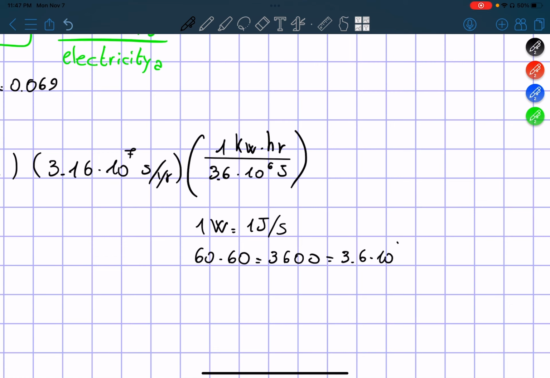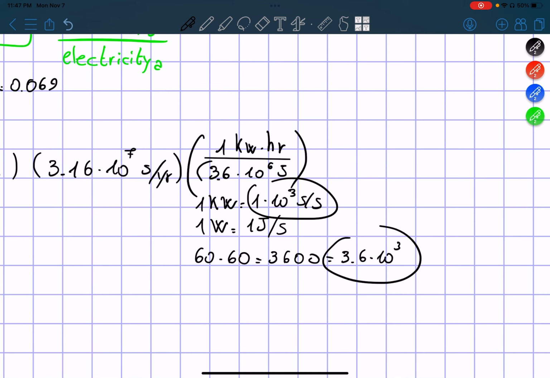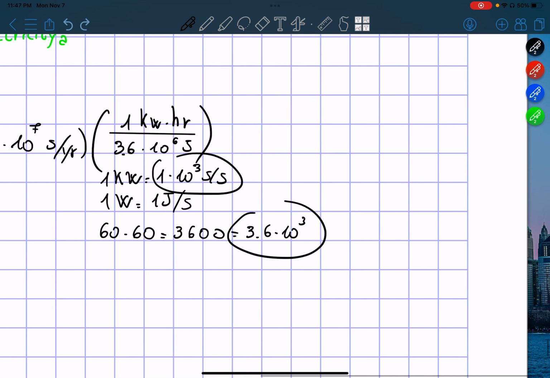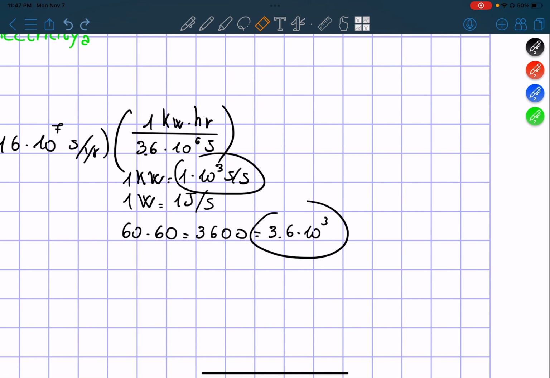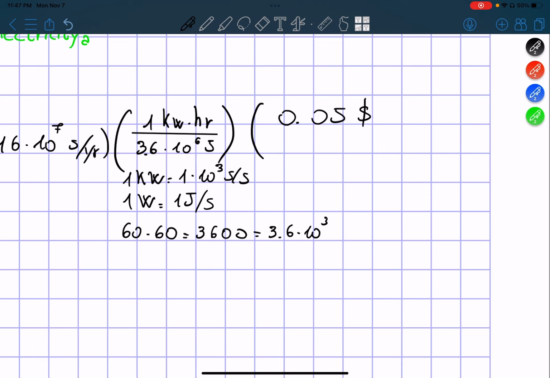So we have 3.6 times 10^3 over here, but then we have 1 kilowatt, remember, which is 1 times 10^3 joules per second. So we multiply these two and get the bottom of the fraction. Then, how much are we paying per kilowatt hour? $0.05 per kilowatt hour.